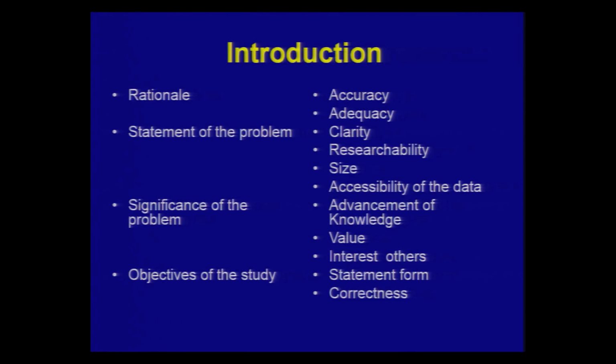So you need to evaluate the significance of the problem from two angles: the advancement of knowledge and the value of the research for the people who are directly interested in it, the stakeholders, and the people who are indirectly connected to it.